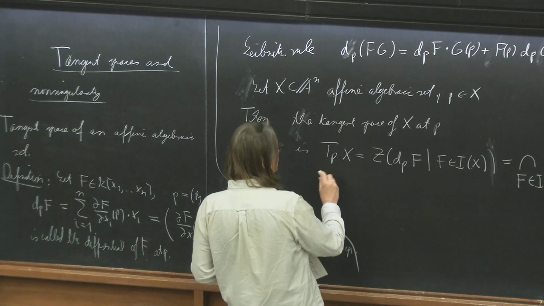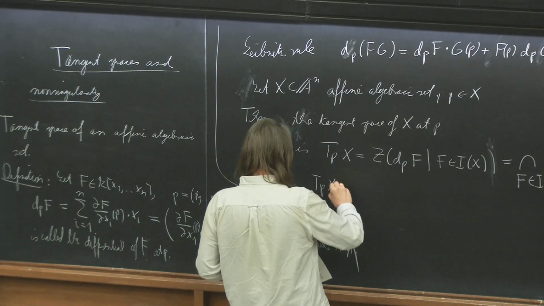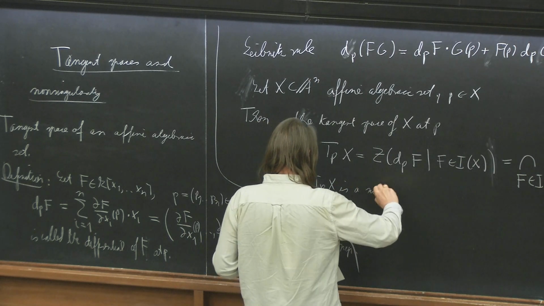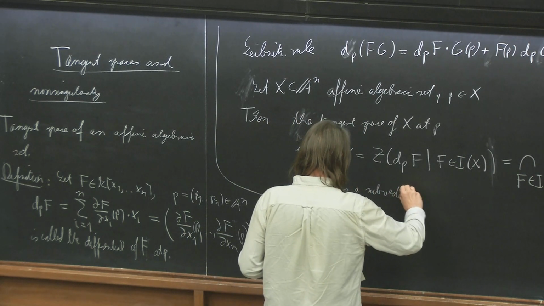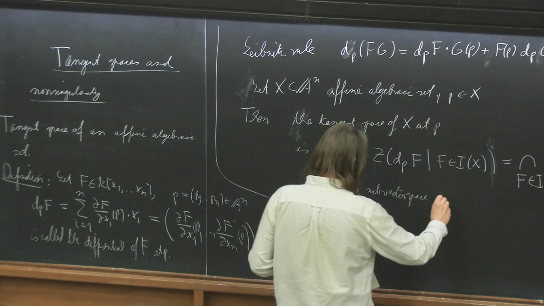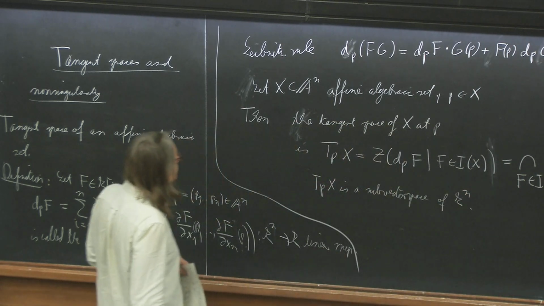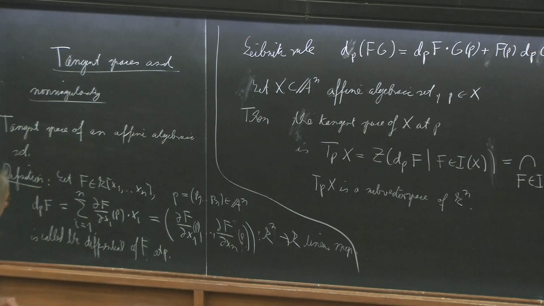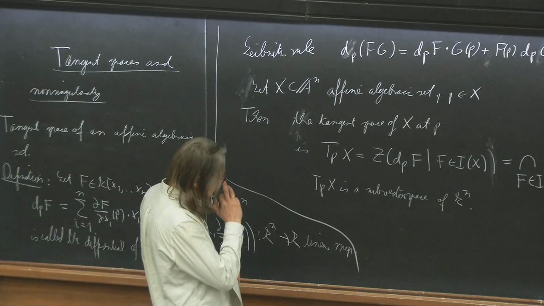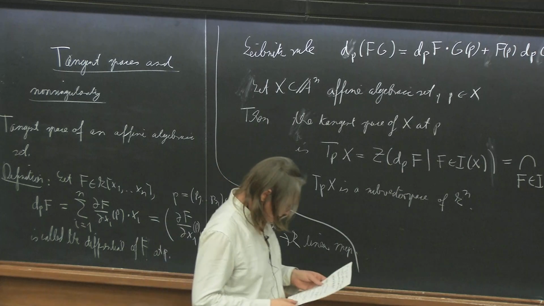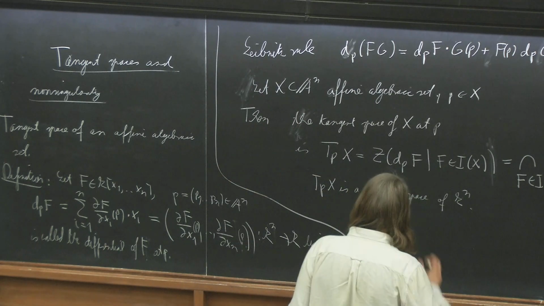So by definition, therefore, T_pX is a subvector space of k^n, if X is in A^n. Okay, so this is the tangent space.